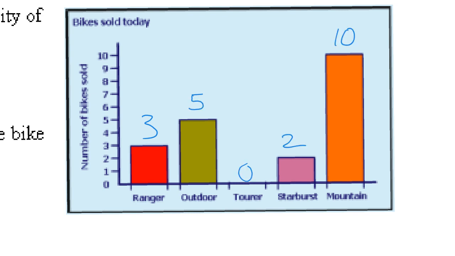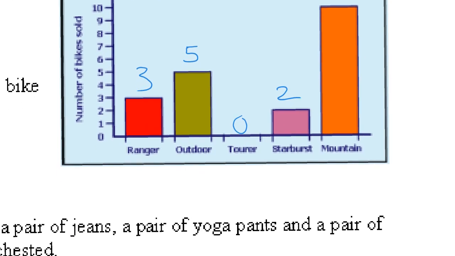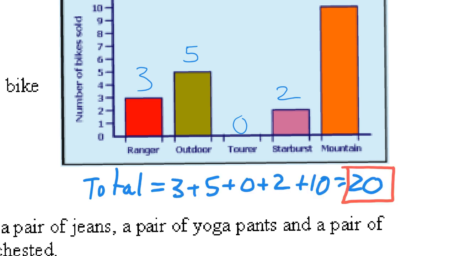And we just fill out the rest of our bar graph to figure out how much we have in total. So now to figure out how much we have in total, all we have to do is total all these numbers. And we've got 3 plus 5 plus 0 plus 2 plus 10 is equal to a final answer of 20.